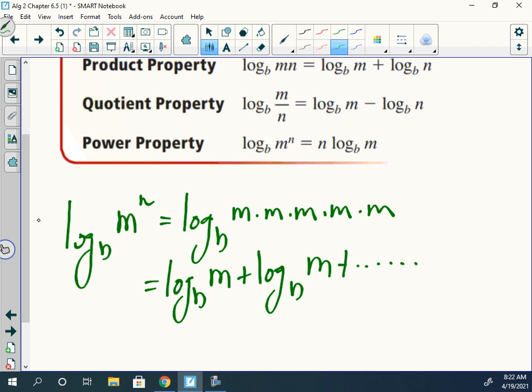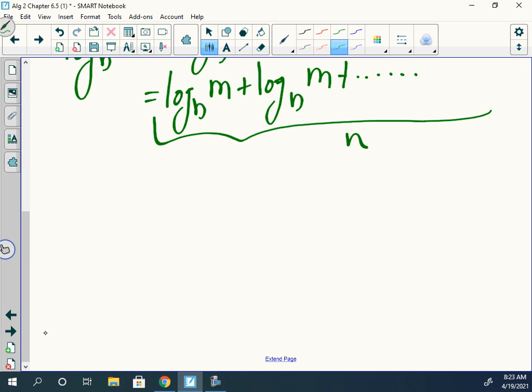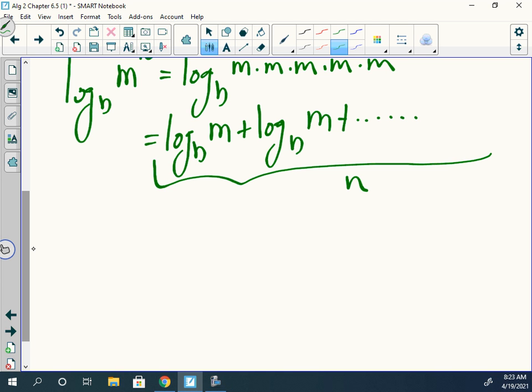So I have n of these, and they're just the same thing all in common, yes? So I can factor it out. If I factor anything out of itself, I'm left with 1, yes?